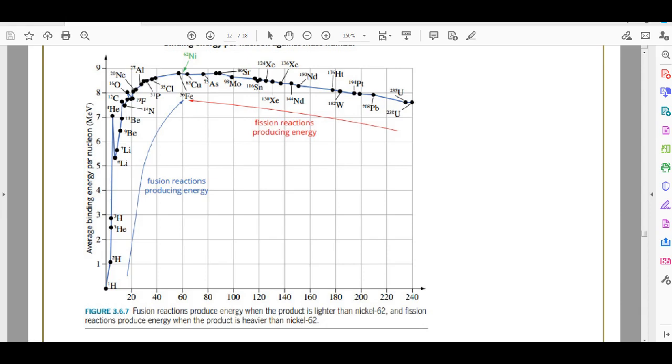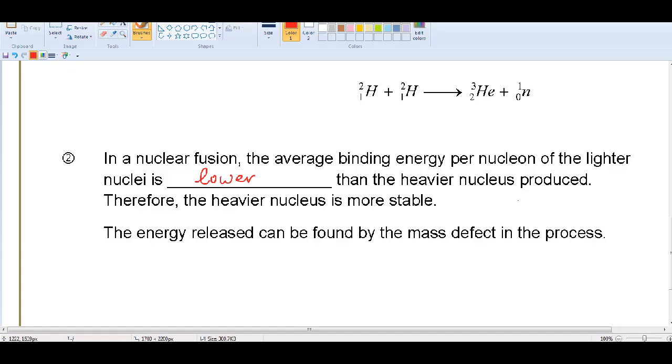The average binding energy per nucleon is just about 1 unit, so that's why it would tend to become bigger. If it becomes helium-3, it goes from 1 to 2.5, so that's a 1.5 times increase in average binding energy per nucleon. So that's why it tends to happen.